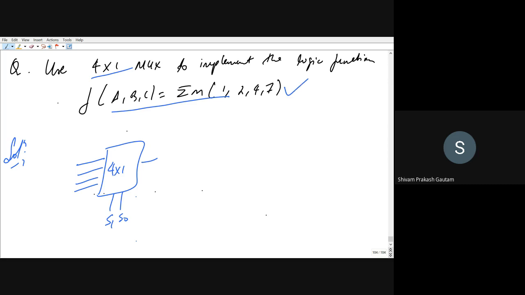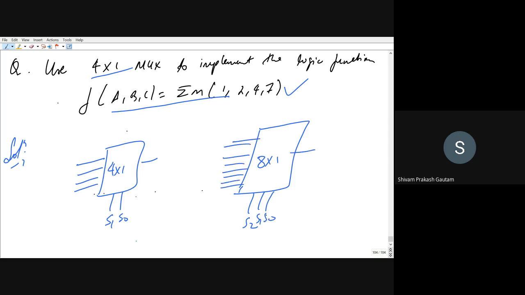That means it would need 3 select lines. If nothing was mentioned in the problem, we would have used an 8x1 multiplexer with 3 select lines and 8 input lines, and there would be no issues. But it has been mentioned that we have to use only a 4x1 multiplexer.